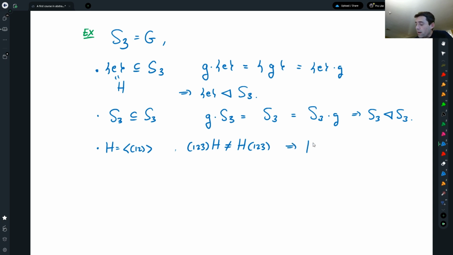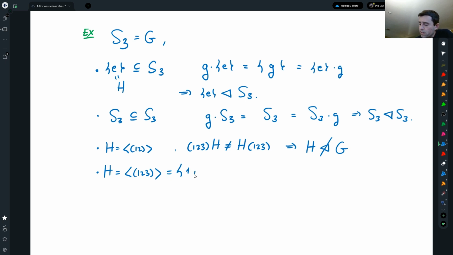So that tells me that H is not normal in G. Okay. What about the subgroup generated by (1 2 3)? That's a subgroup of order 3 in S3. Let's see if that is normal.